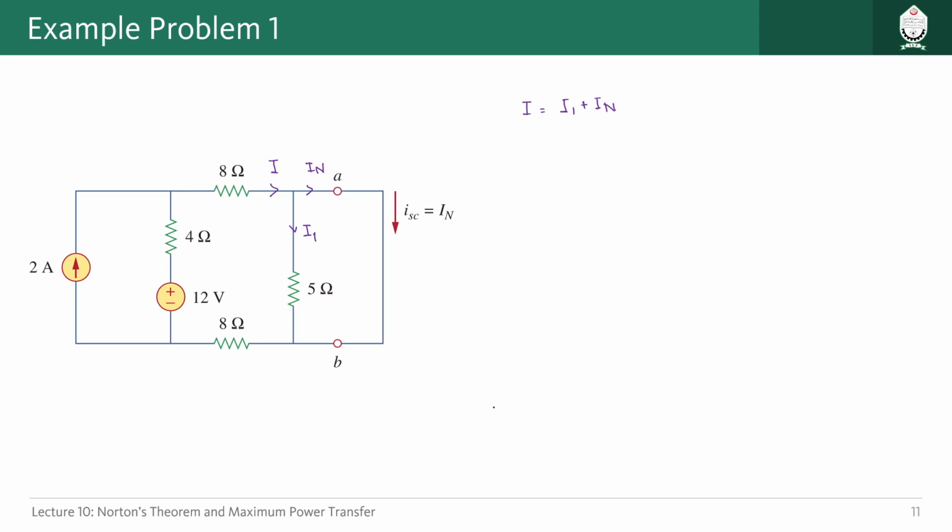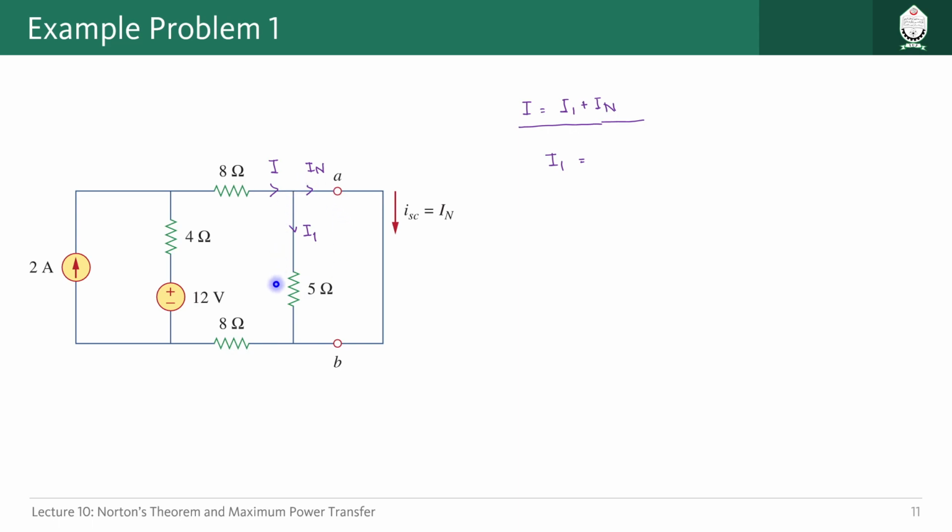That is what we can write. Now we have to find out what is the value of current I1 and what is the value of current IN. This is just for understanding. We still haven't calculated anything. So to find the value of I1, we can apply the current division law. We have two resistors in parallel with each other.